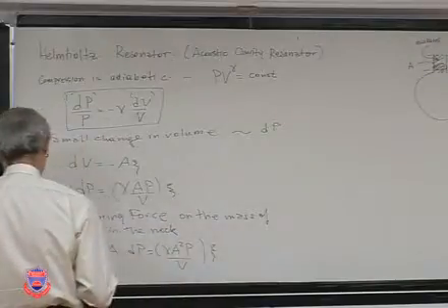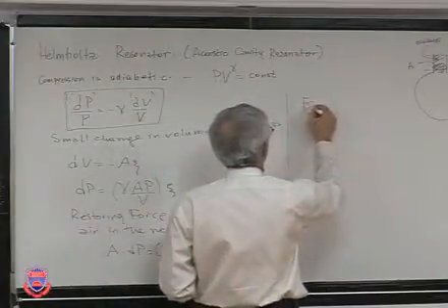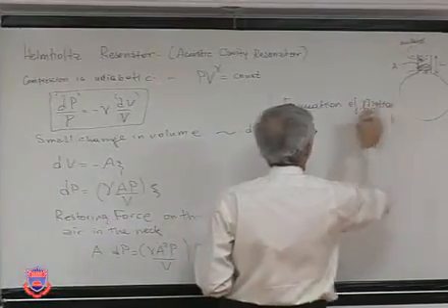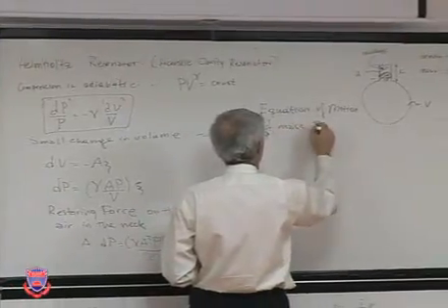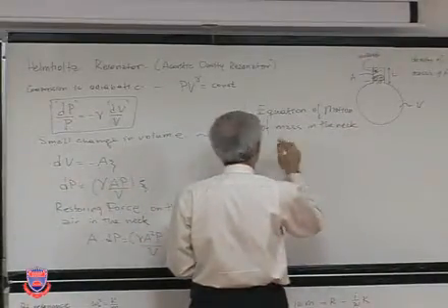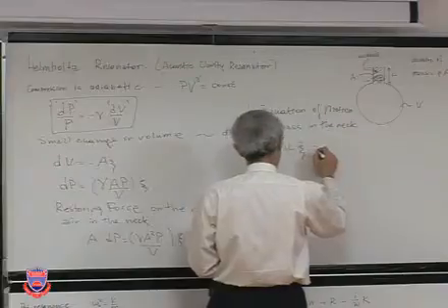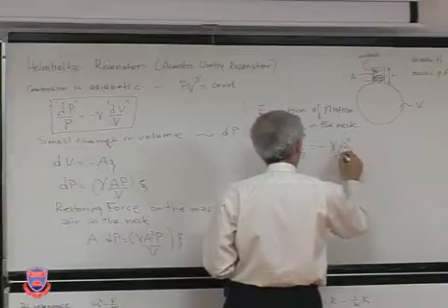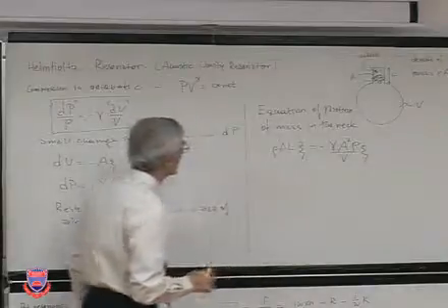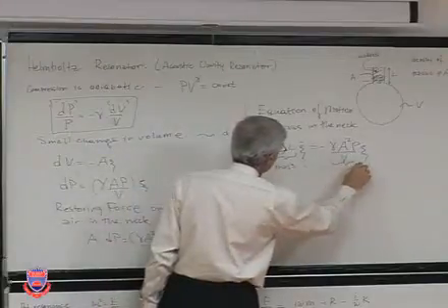Okay. So from here, the equation of motion of mass in the neck, rho A L. Okay, and so we can see that this is the mass and this is the stiffness.